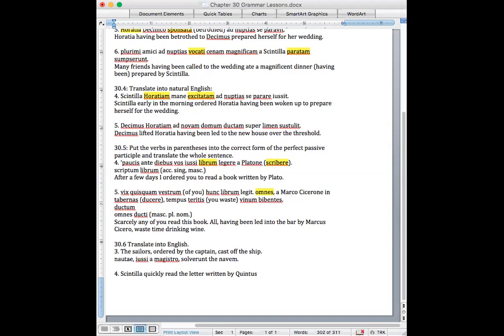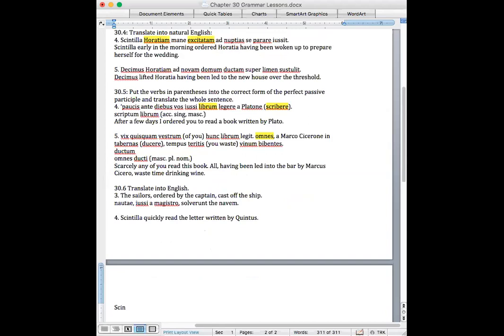And number 4, Scintilla quickly read the letter written by Quintus. Scintilla is our subject. Quickly, celeriter, read, legit, the epistulam written by Quintus. Okay, so epistulam is going to be accusative and feminine and singular.